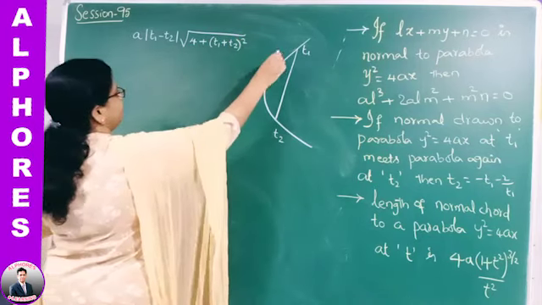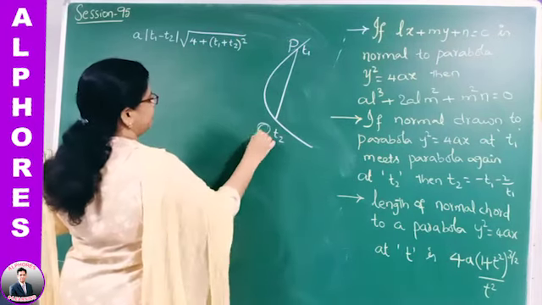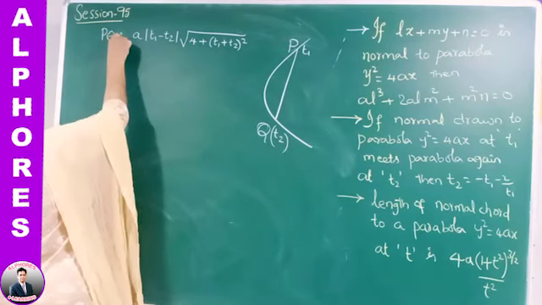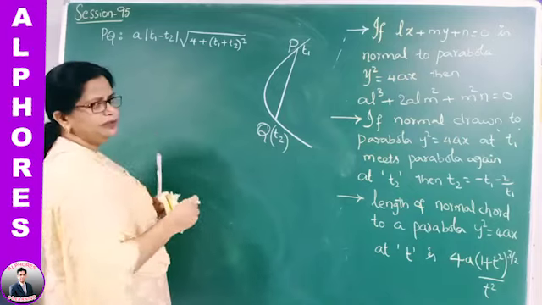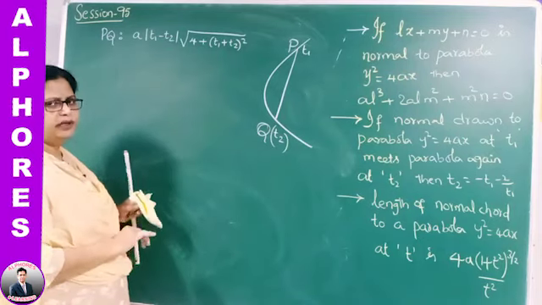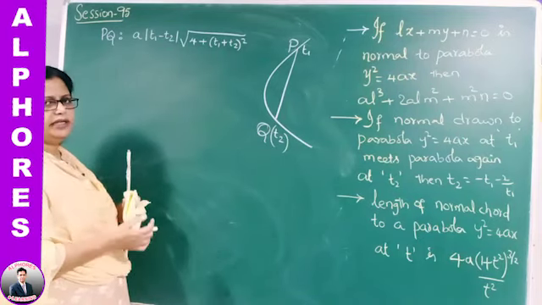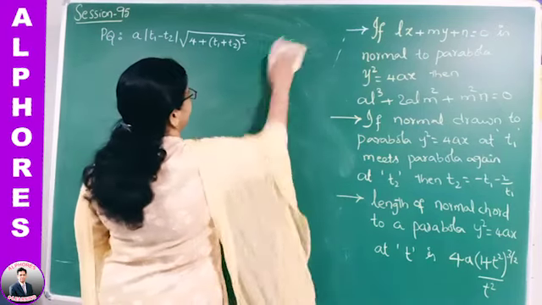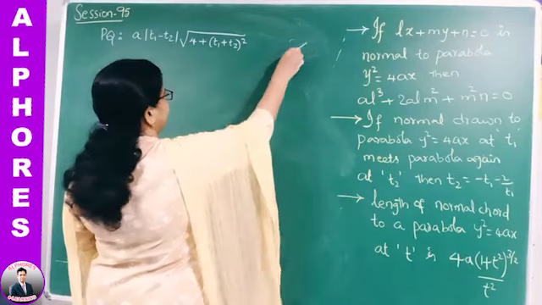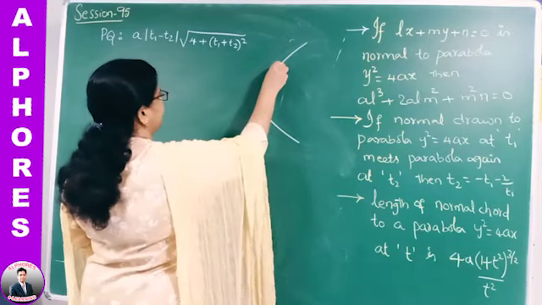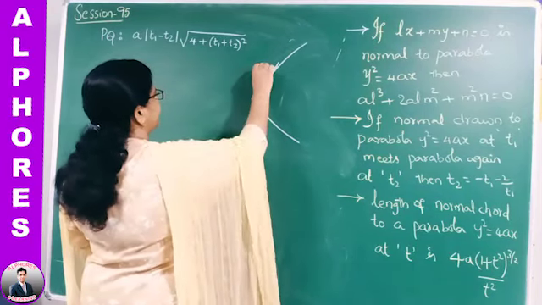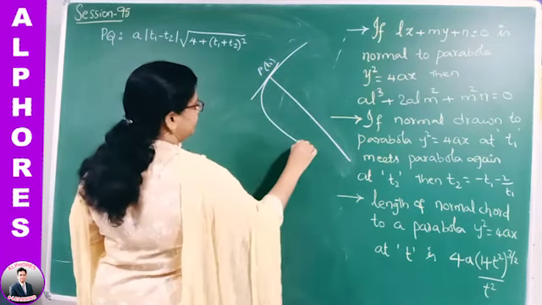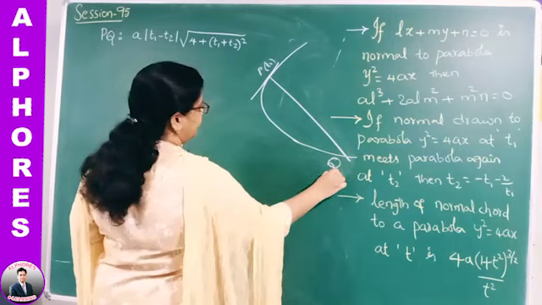So this is the formula. Suppose I take this as P and Q, okay. Now this is our length of chord PQ, and now suppose the normal is drawn at t1, and it is meeting the parabola at t2, okay. So here the normal is drawn at P of t1 and it is meeting the parabola again at Q, of t2.